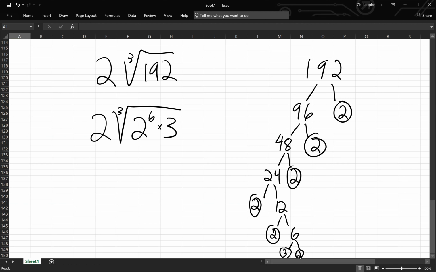It's 2 to what power? Not subtract. Not add. No. Go ahead.